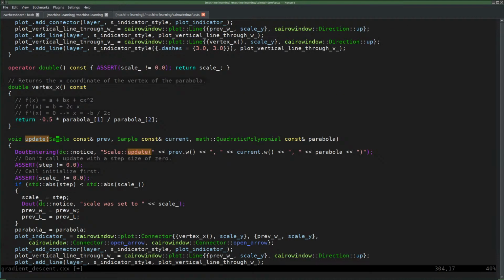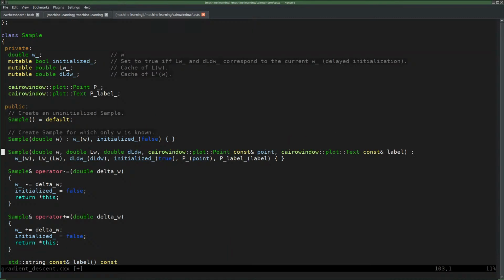It is very nice. Maybe I should be able to print sample. Actually, just print it. Now I have to add support for printing sample.